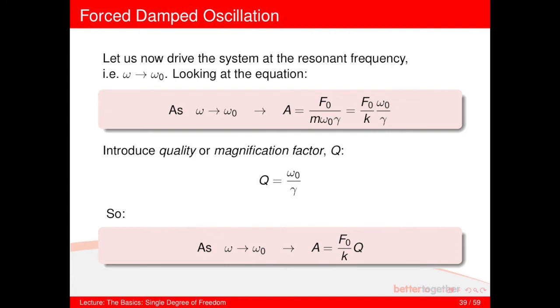And so you can say that the amplitude, when omega approaches your natural frequency, is going to be some factor multiplied by the static displacement, and that factor Q is dependent upon your system.